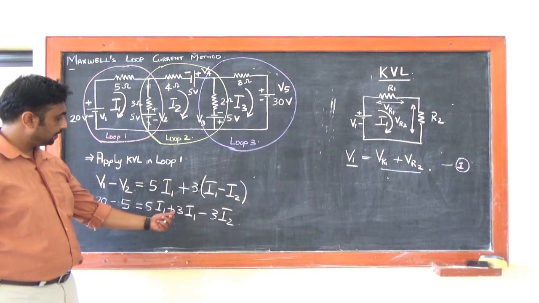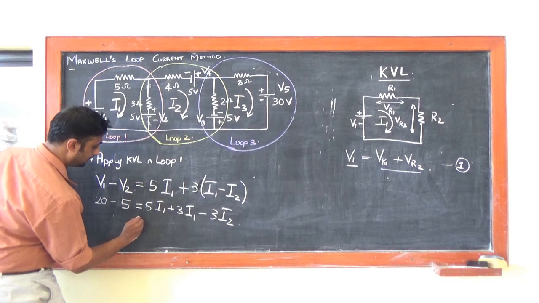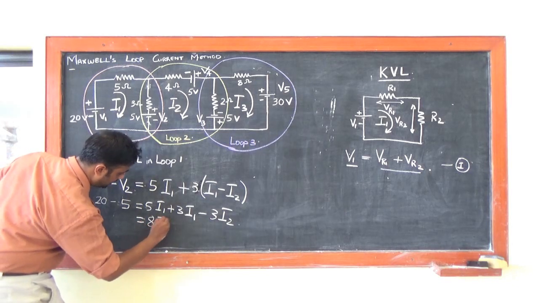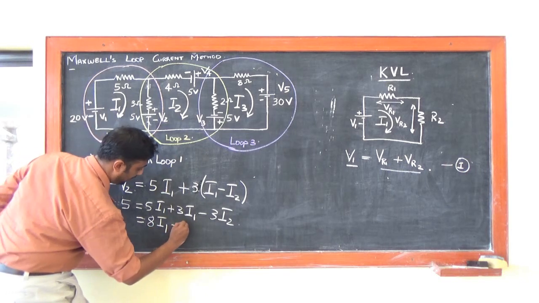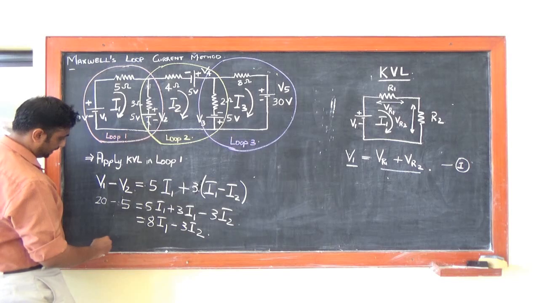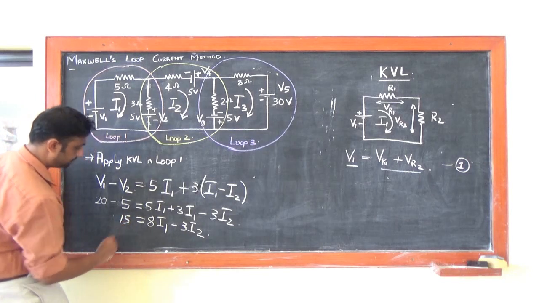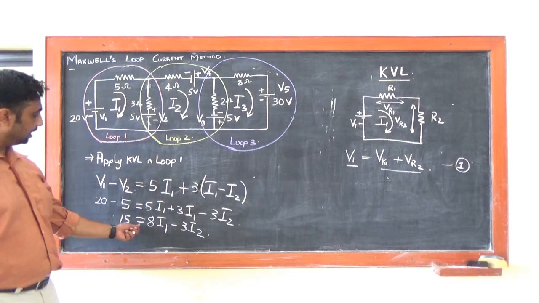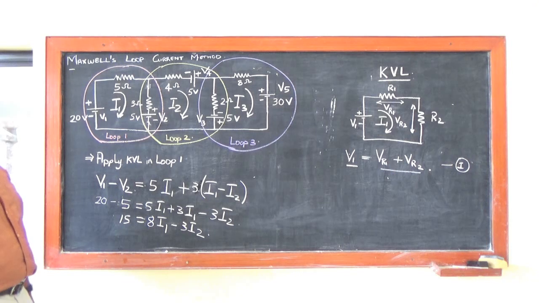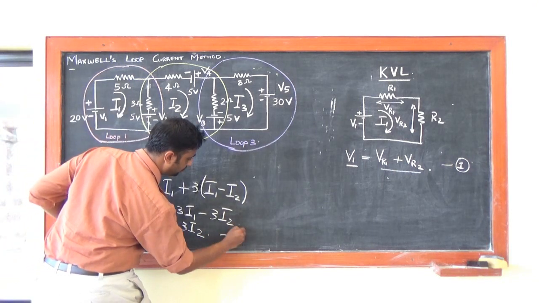So we have 5 I1 and we have 3 I1. We take them together and we get 8 I1 minus 3 I2. 20 minus 5 will give us 15. So we have 15 equals 8 I1 minus 3 I2. So this is our first equation.